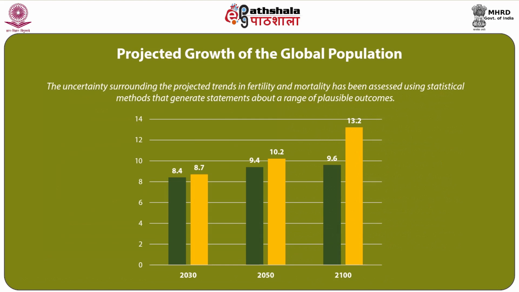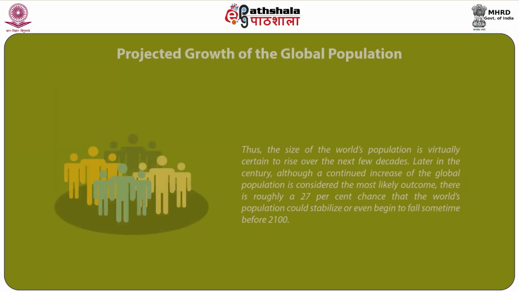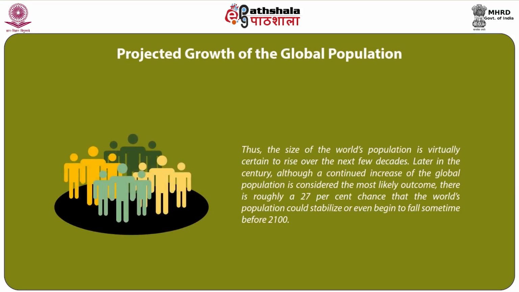For example, the analysis has concluded that with a certainty of 95%, the size of the global population will stand anywhere between 8.4 billion and 8.7 billion in 2030, between 9.4 billion and 10.2 billion by 2050, and as high as 9.6 billion by 2100.